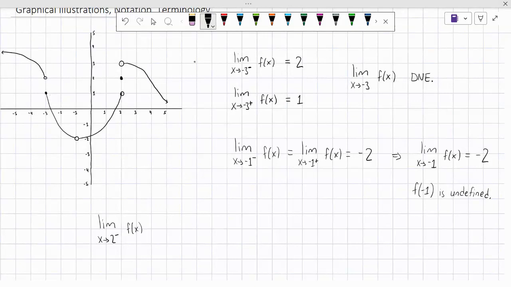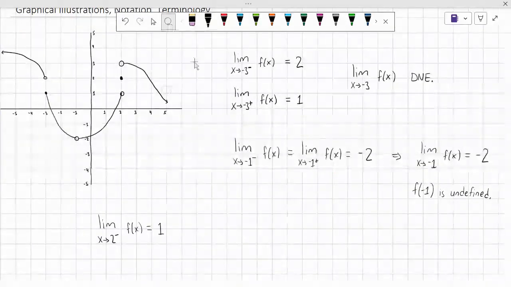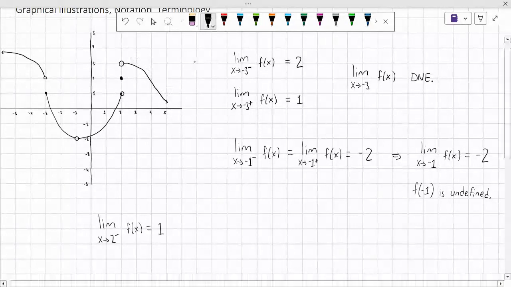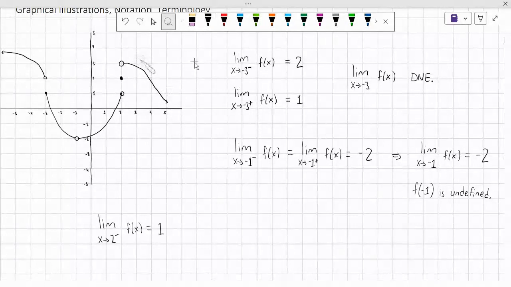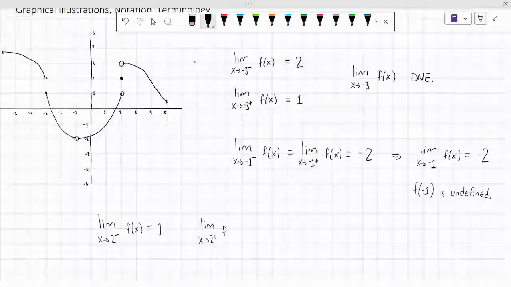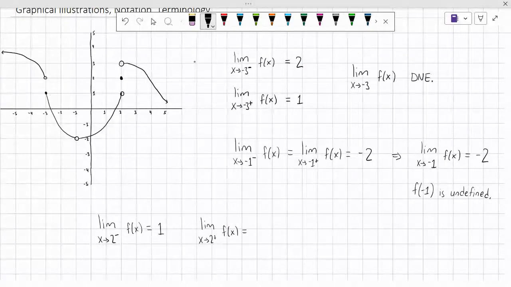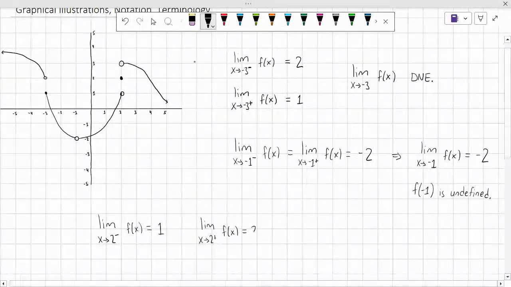So we would say the limit approaching 2 from the left is 1. But as x approaches 2 from the right, this function is approaching a y value of 3 this time. So you could write down this limit statement: the limit as x approaches 2 from the right of f of x is equal to 3.